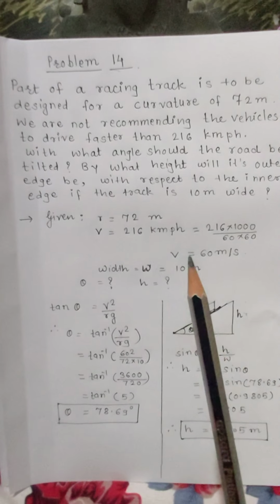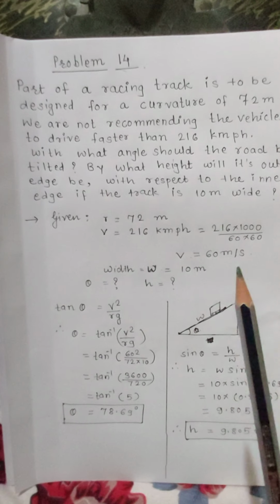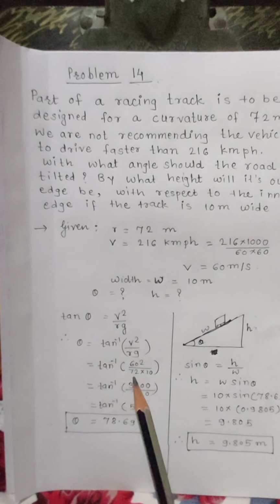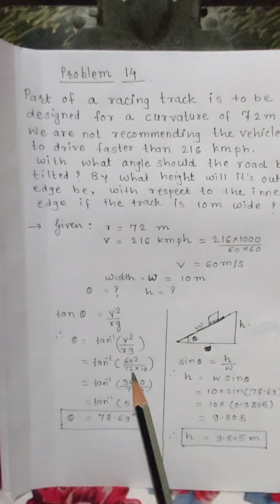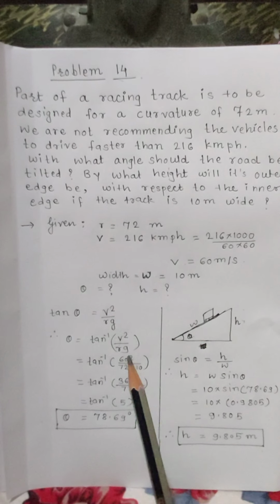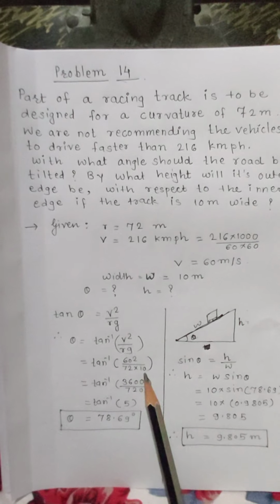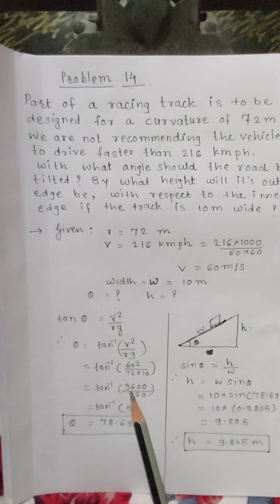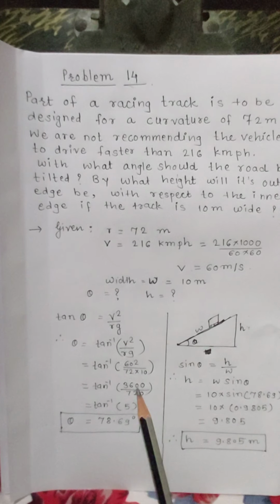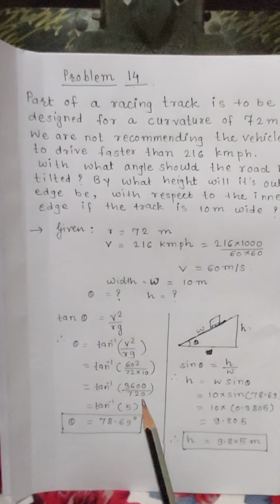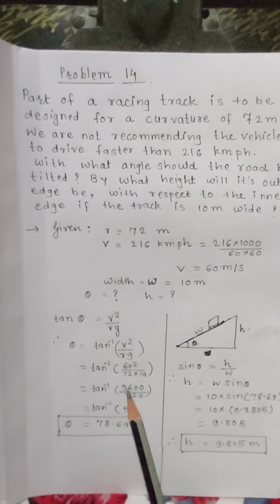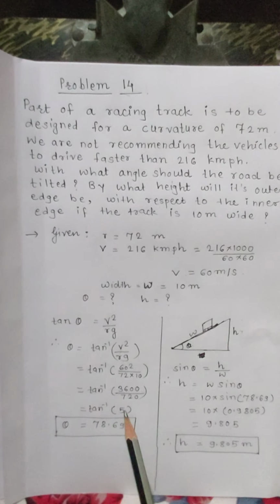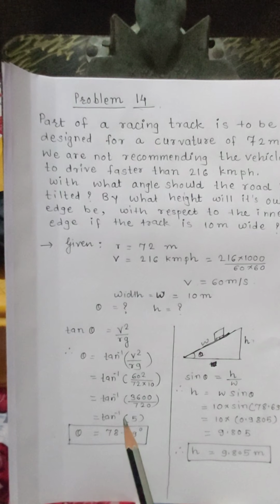Here v is equal to 60 meter per second, so it will be 60 square upon r is 72 into, take the value of g as 10. 60 square is 3600 upon 72 into 10 is 720. So it will become 3600 upon 720, the answer comes equal to 5. So theta is equal to tan inverse of 5.